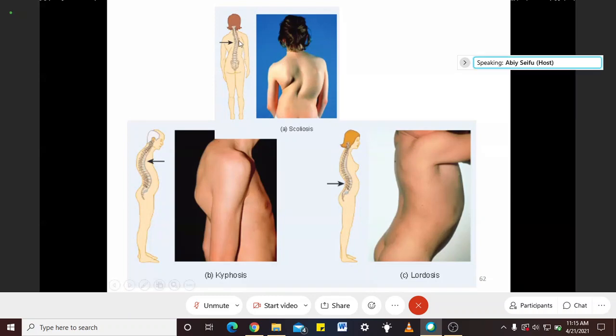Look, the vertebrae deviate from the midline. The other is kyphosis. Look, the thoracic vertebrae are curved more exaggeratedly.